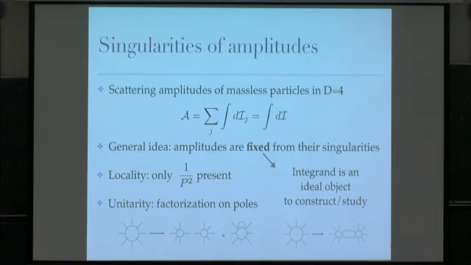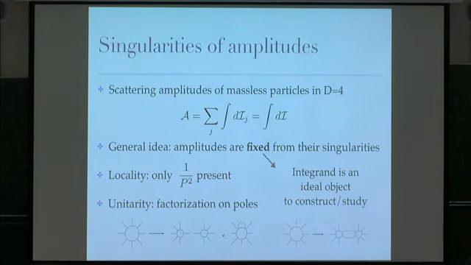But while the integrand is a rational function, the amplitude is a complicated transcendental function. This function has a complicated branch cut structure, and we don't really know how to characterize it or specify what the function is, and we don't even know the function space at higher loops. But the integrand is a rational function, it has poles, we can say where the poles are, and we can calculate the residues on these poles. So this function, which I will also call the integrand, is an ideal object to study and construct, having in mind that if you are interested in the final amplitudes, you have to integrate in the end.